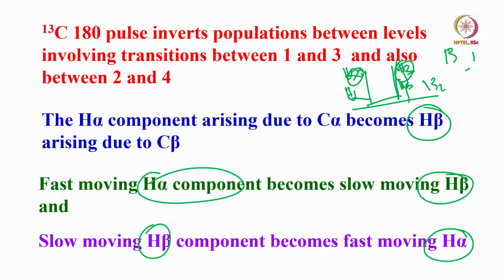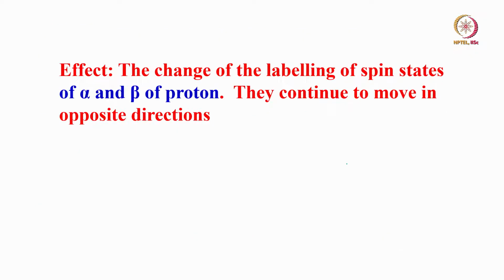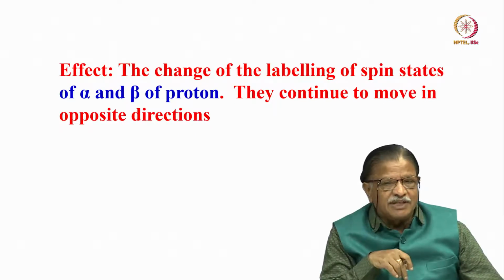Because the magnetization changed from plus Z to minus Z, the doublet component arising due to C alpha, the H alpha component, becomes H beta, and similarly H beta becomes H alpha. Now the slow moving and fast moving components get completely interchanged. What is the effect of that? It means the labeling of the spin states alpha and beta of the proton changed.